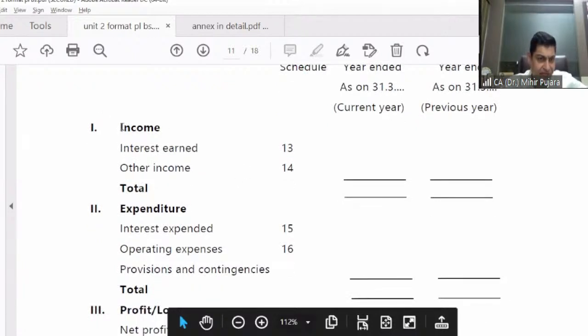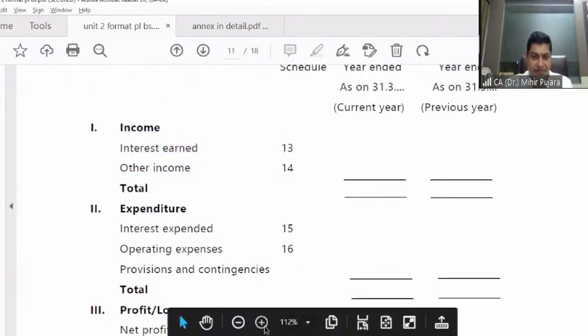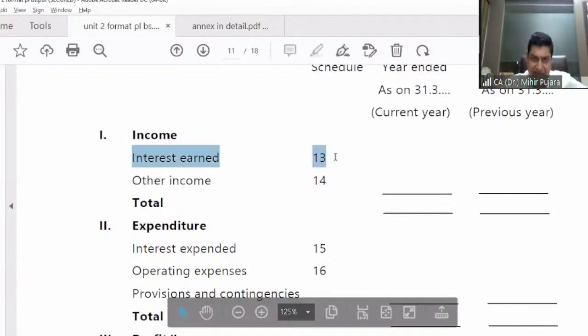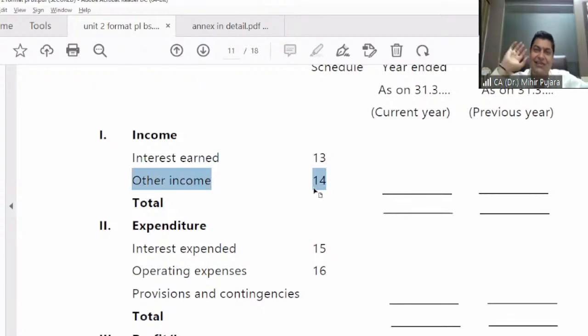In income, there are only two schedules, 13 and 14. 13 is interest income, which is the most routine income of any bank, and 14 is other income. Whatever income other than interest is part of 14.